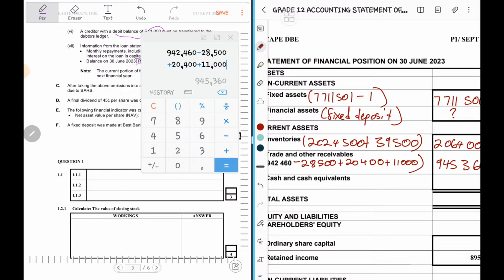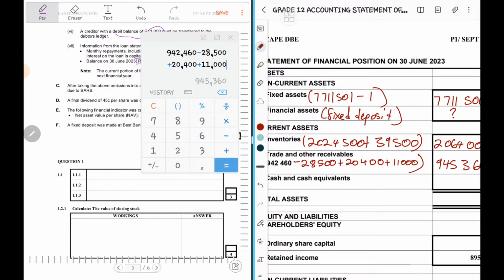So when we dispose of a fixed asset, we have to remove even its carrying value. Hence we are saying the existing one, which is 7,711,501, then we subtract the 1 rand. The 1 rand is the carrying value of that sold equipment.